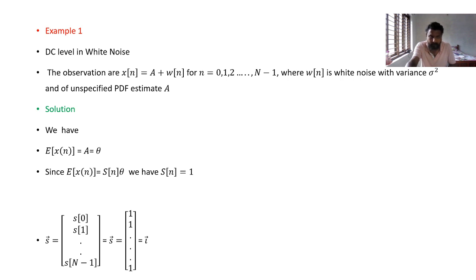Again, the equation for that one is S transpose C inverse S. So we have to calculate C inverse, where C is the covariance matrix. C is the matrix with sigma square on the diagonal and 0 elsewhere.